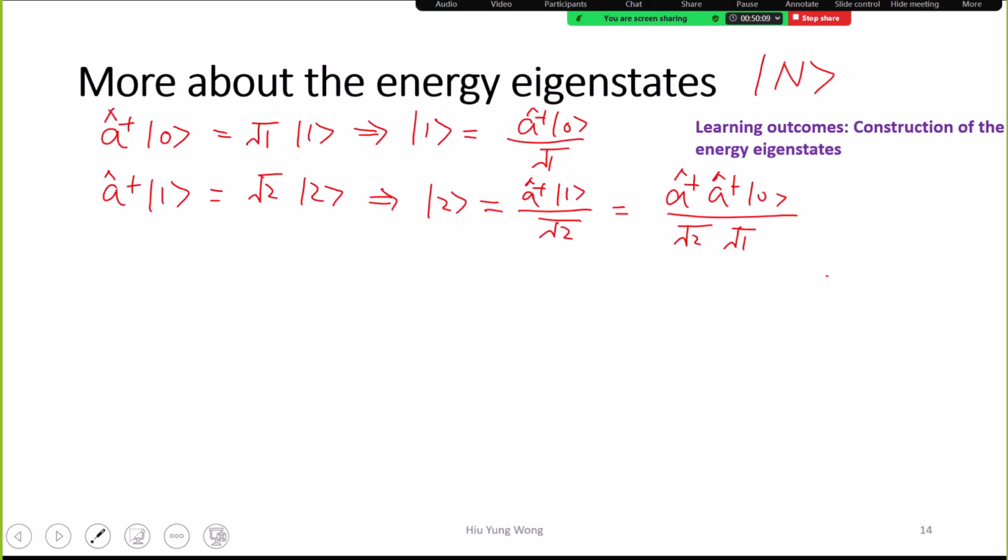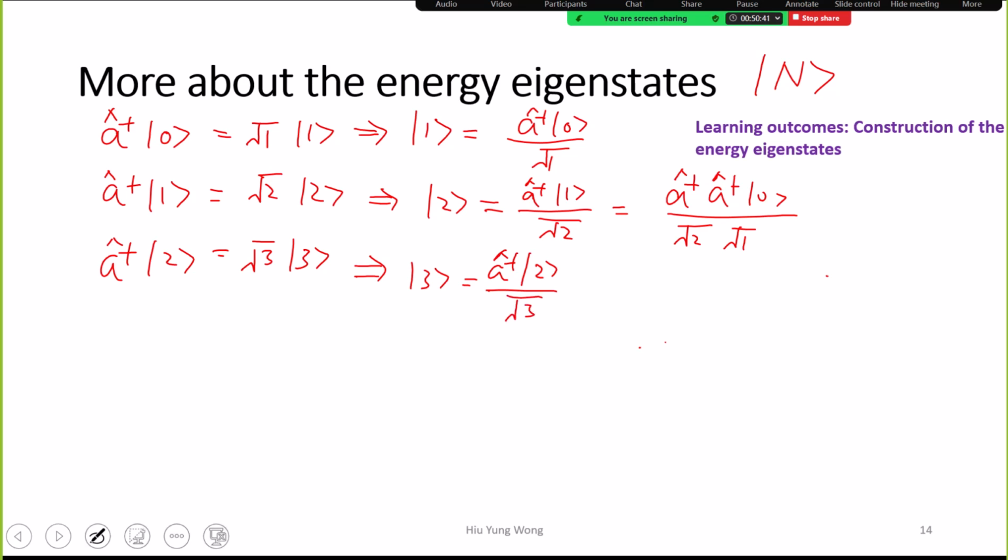So let me do one more time. How about A dagger hat applied to 2? What is this? Square root 3 times state 3, right? Which implies that state 3 equals A dagger applied to state 2 divided by square root 3, right?